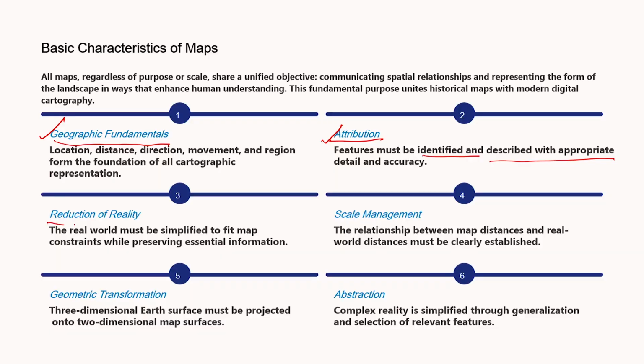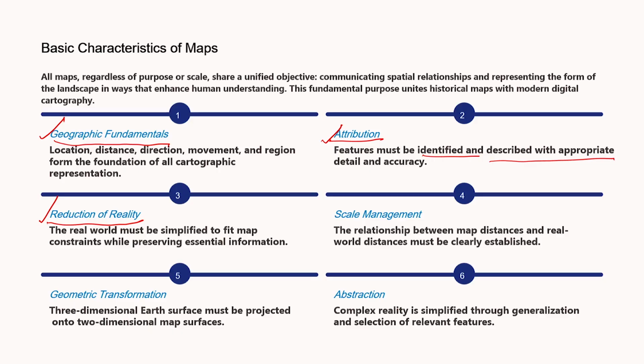The third one is reduction of reality. The real world must be simplified to fit map constraints while preserving essential information. Already I told you, when I want to reduce the India map to A4 size, then I have to reduce it. The real thing is reality, and always I try to reduce the reality.